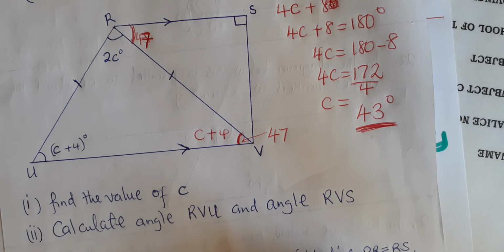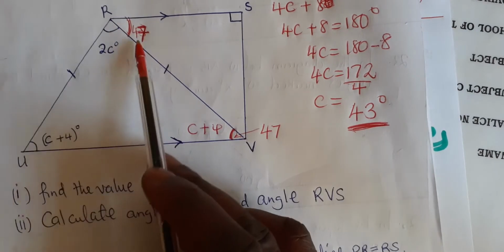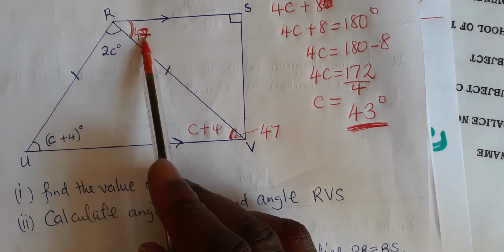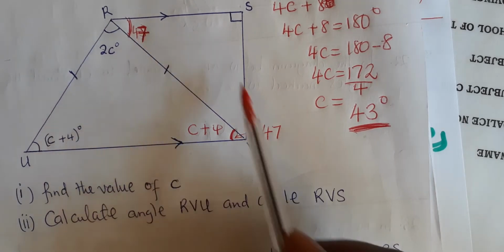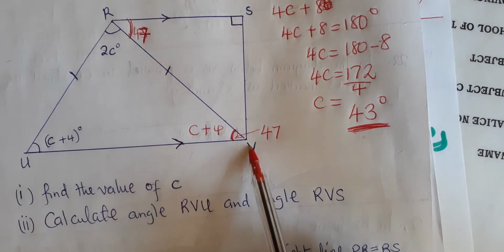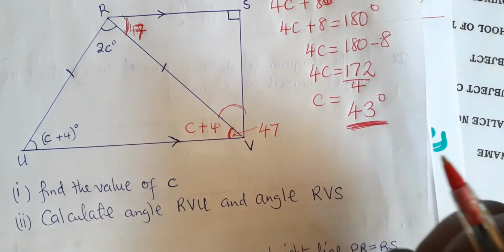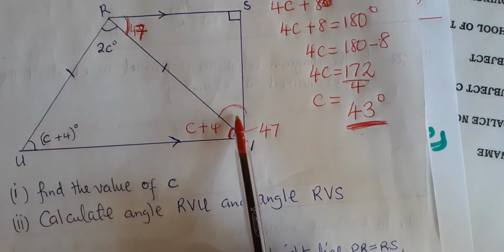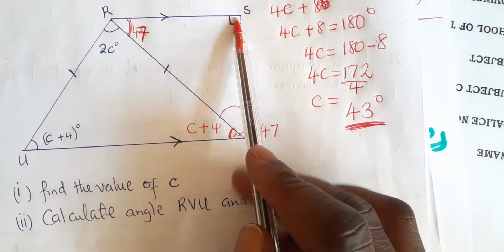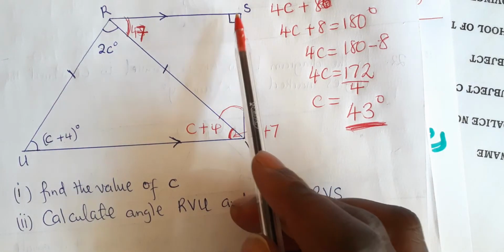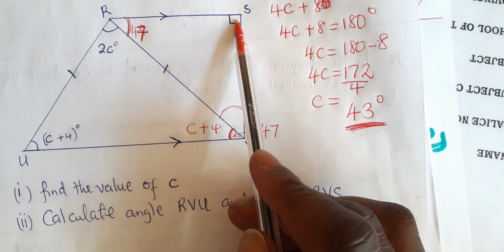Okay? This is also 47. This is also 47. So if this angle is 47, and what we want is RVS, which is this one, you know that this 47 and this angle and this one, which is 90 degrees, they must give you what?